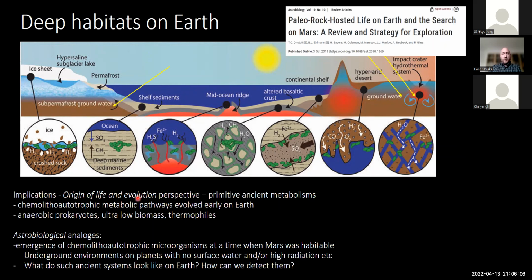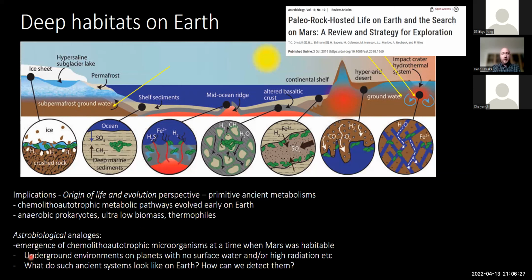There are also some astrobiological analogs, because if we look at Mars, when Mars and Earth were similar, this was a time when life started to evolve on Earth. So it's important to look back at these chemolithotrophic autotrophic microorganisms that lived on Earth at that time.